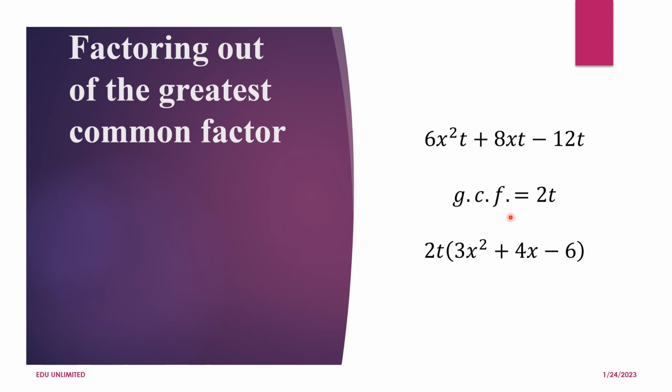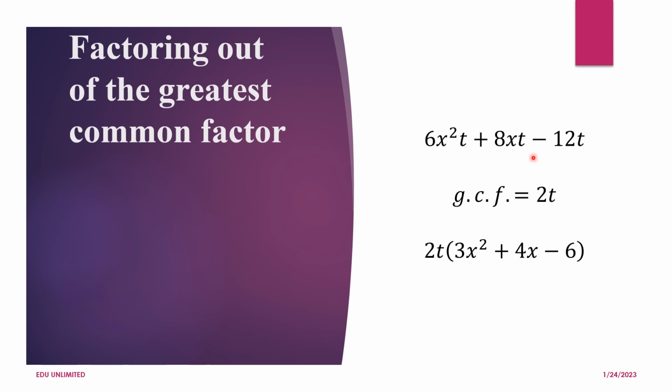Why 2t? 2t is the only term that all three can be divided by, because if we had used 6t, it could not have been a factor for 6t, 8t and 12t.